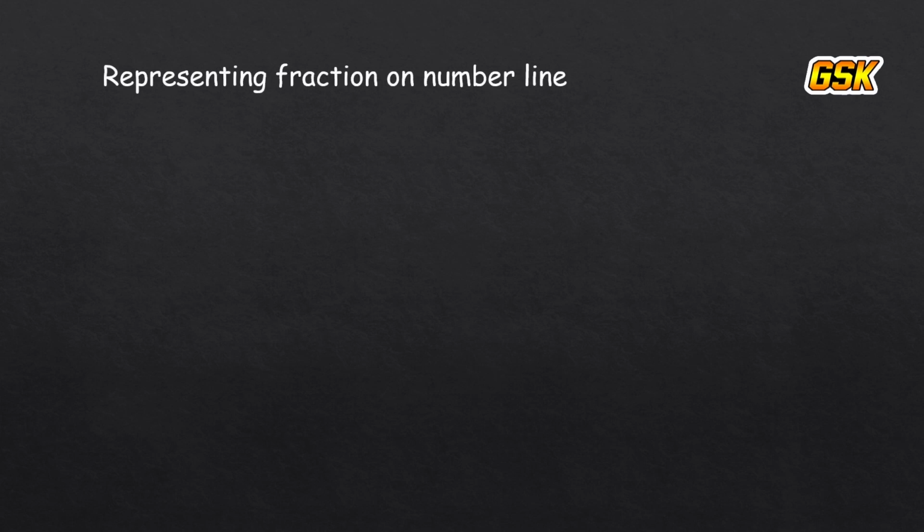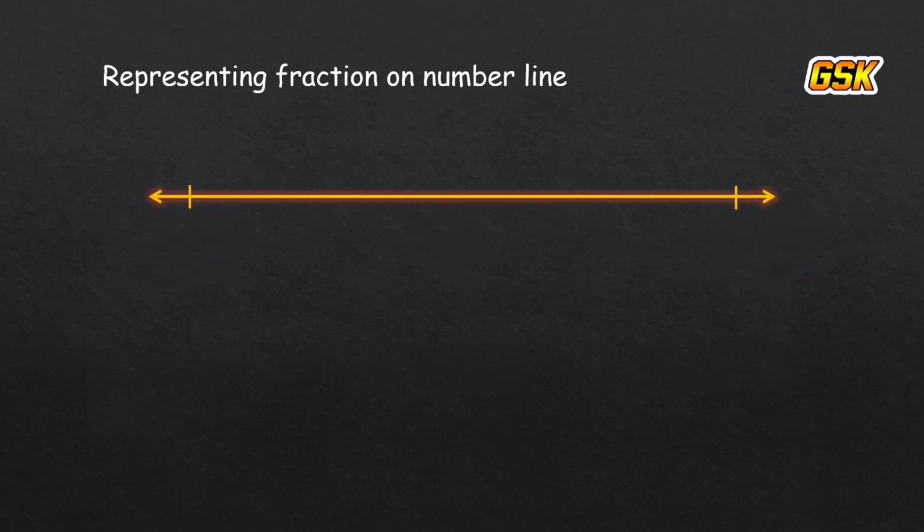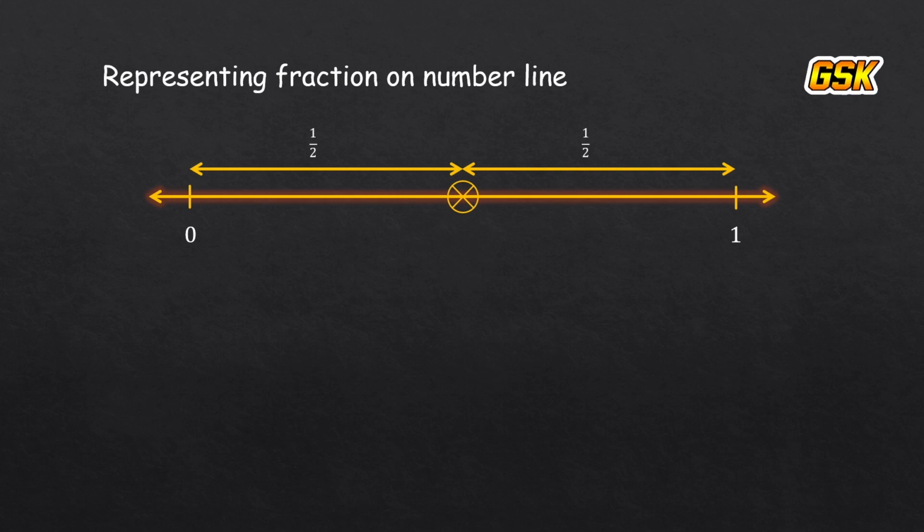Next, representing fractions on a number line. Now draw a line, with 0 and 1. Now it is our number line. I want to represent 1 by 2 on this number line. So divide it into 2 equal parts, and each part is 1 by 2. So the middle point is 1 by 2. Now I want to represent 1 by 3 on a number line.